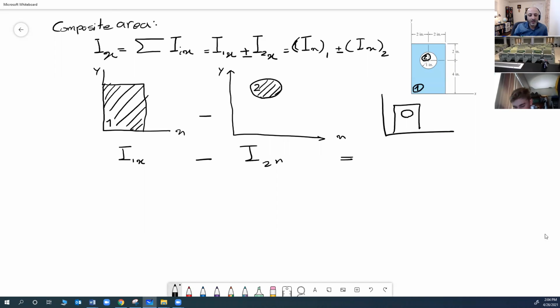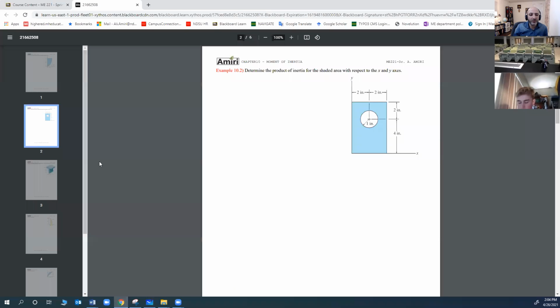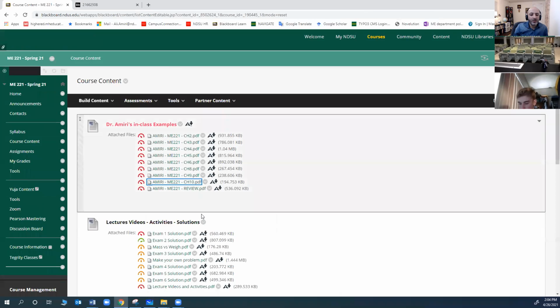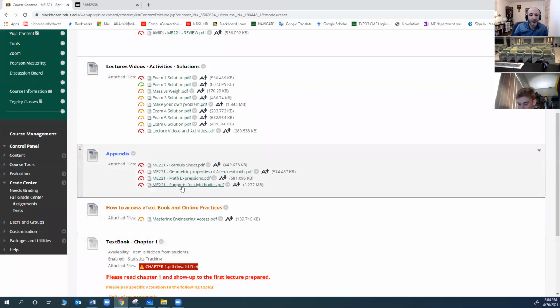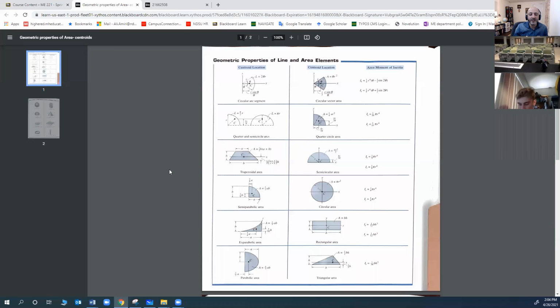So let's look back on Blackboard. There are some tables that I posted from your book: geometric properties of areas and centroids. If you look at the last page of your e-textbook, or pretty much a lot of other engineering textbooks, dynamics, mechanics of materials, machine design, all of those books, you're going to see tables like this.